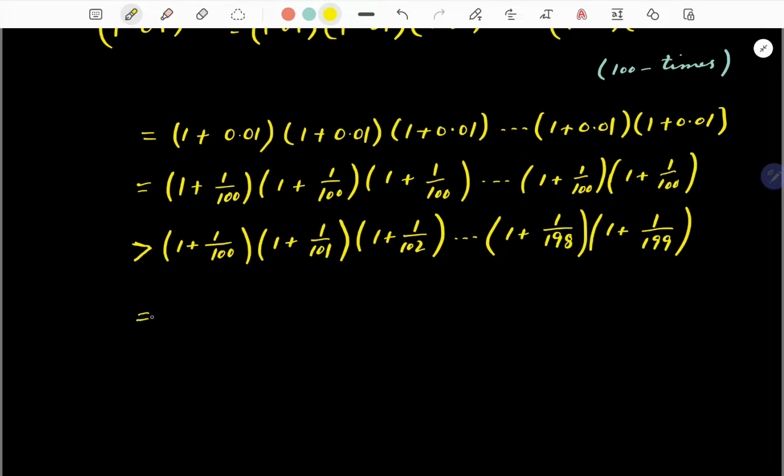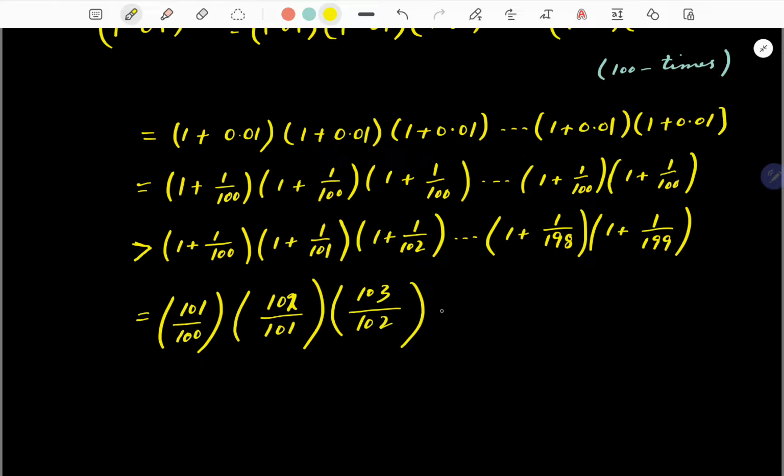Now we take the LCM. After the LCM we get 101 over 100 times 102 over 101, 103 over 102, and so on, up to 199 over 198 and 200 over 199.